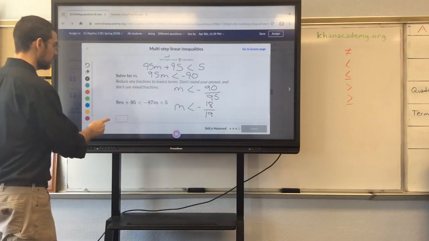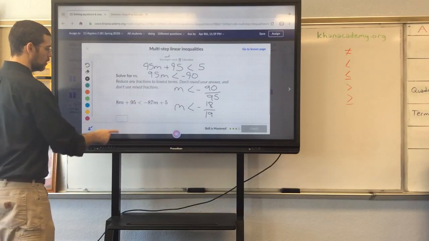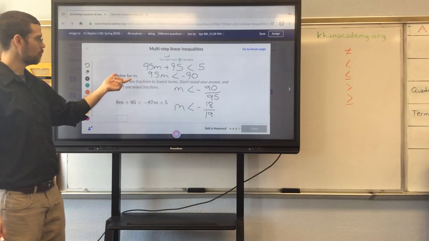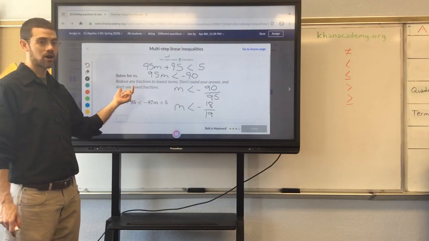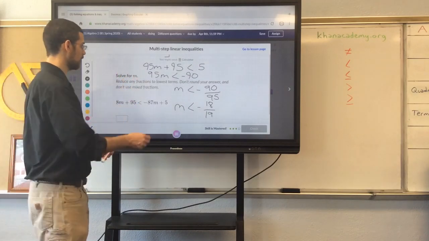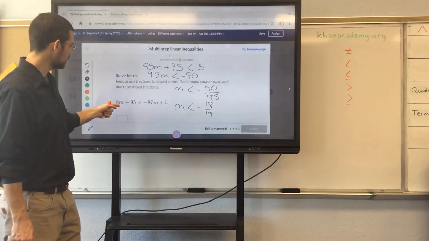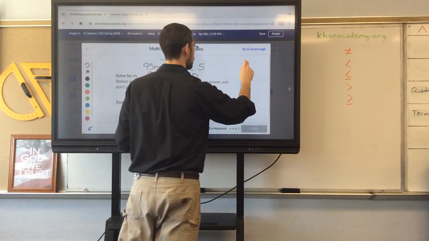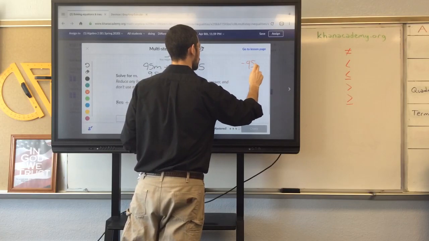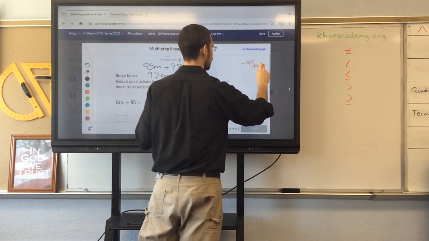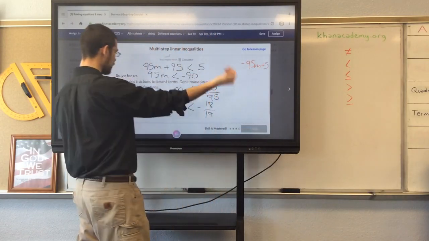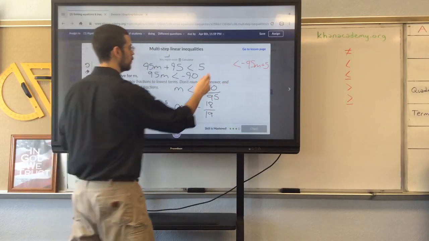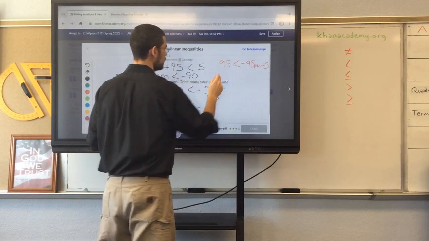All right, we can enter that into our answer box, but before we do, I want to point out what would have happened if we had instead made our m's negative. Let's look at that way. So if we subtract 8m from both sides, we would get negative 95m plus 5 on the right side, and we would be left with 95 on the left side.